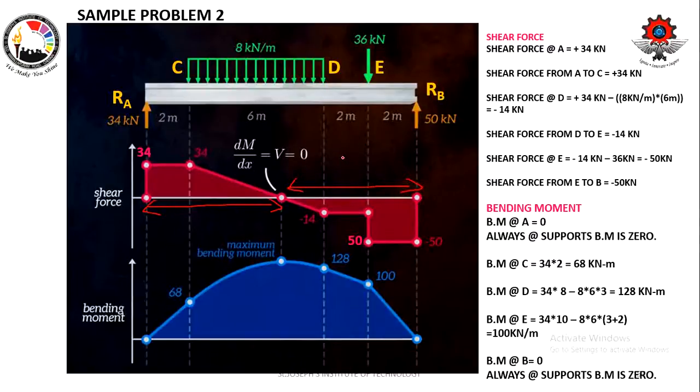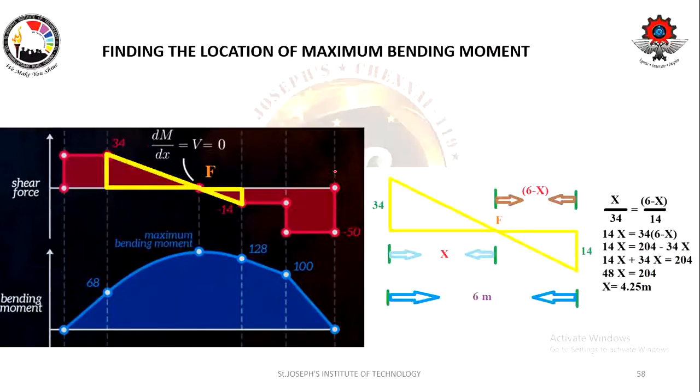Either this distance you can find, or this distance. It is going to be the same, right? So either this distance from the left end or this distance from the right end. How can we find that?